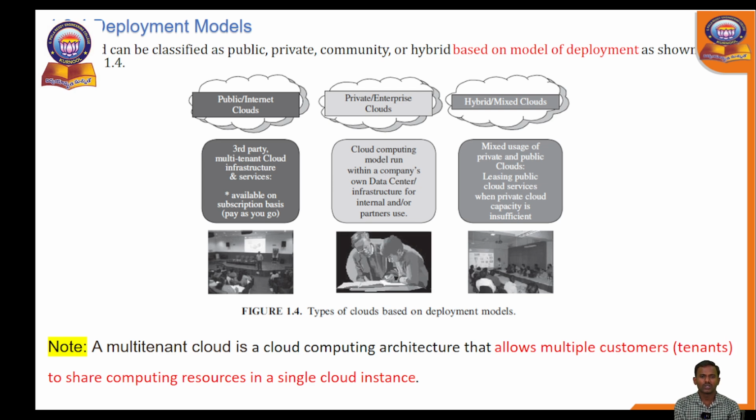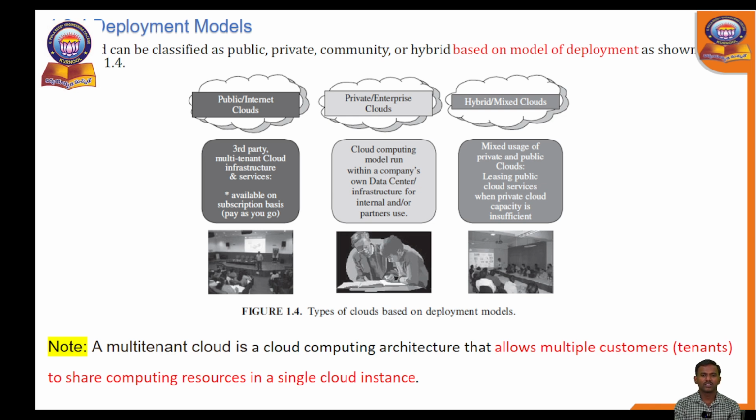Private cloud is available within the company, owned by the data center; an organization will have its own cloud, and that type of cloud we call a private cloud. The third one is the hybrid or mixed cloud, the combination of public cloud as well as private cloud.